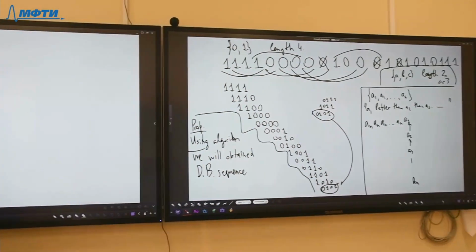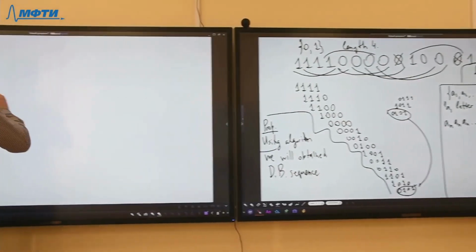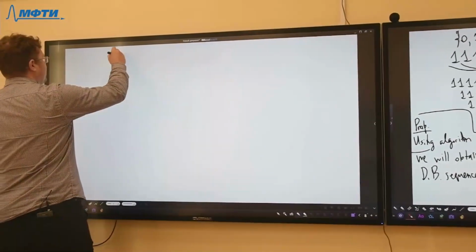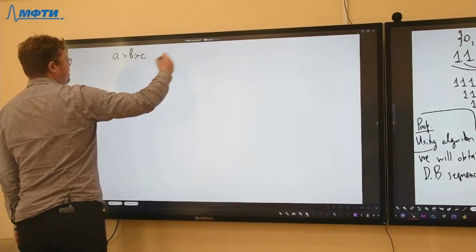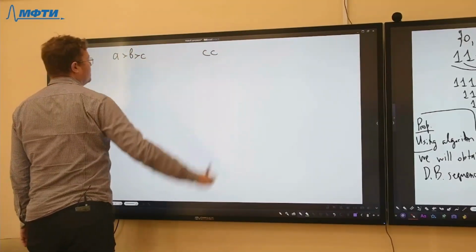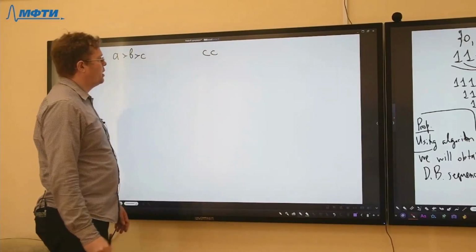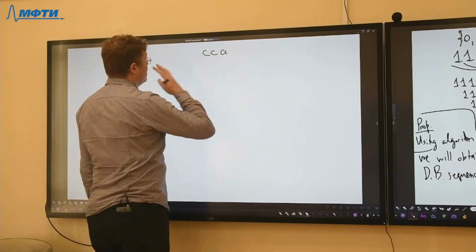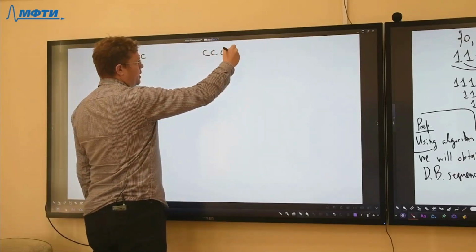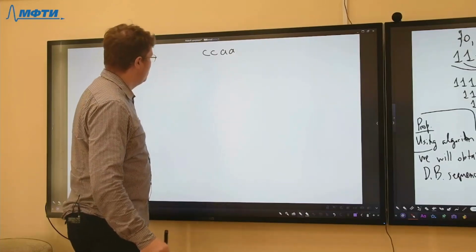Okay, so let's do an example here of length 2. If we say that A is better than B is better than C, then we start from CC. Then we try to write A. Okay, then we try to write A again. It is okay.